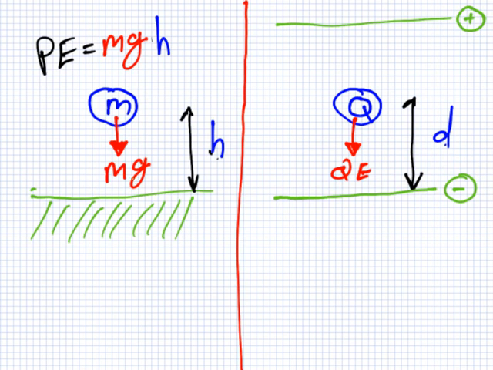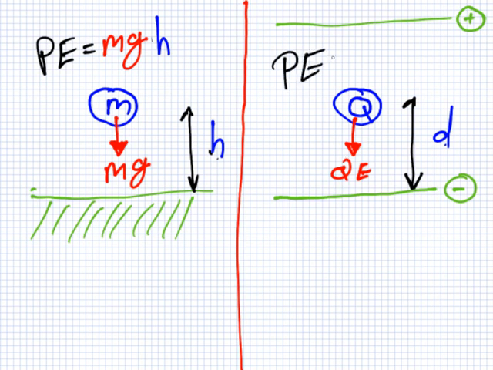What's the constant here? g. And what's the constant here? E. The particle has a value that causes it to have more of a force. Here, if I have a bigger m, I have a bigger force. And here, if I have a bigger q, I have a bigger force. So by a direct comparison of the situations, we get the same conclusion, but with different variables.